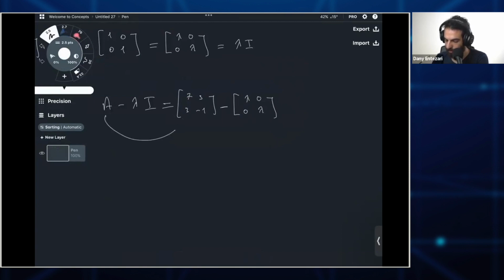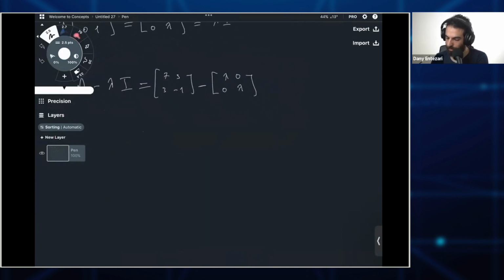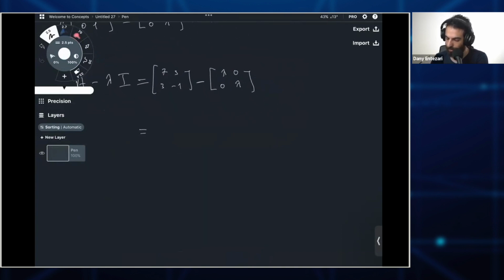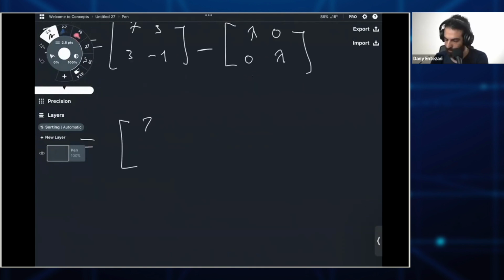This is that matrix, and this product is that matrix. The next thing we are going to do, to subtract these two, is to do the following. We're going to get a third matrix. We have 7 minus lambda, -1 minus lambda, and then of course the other numbers, which are 3 and 3.